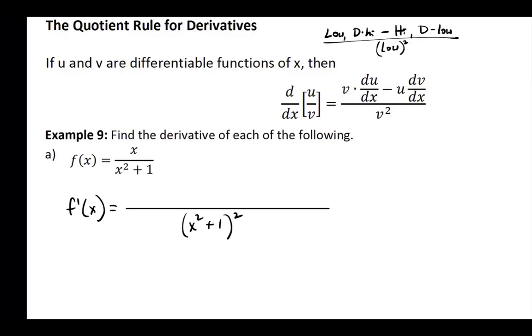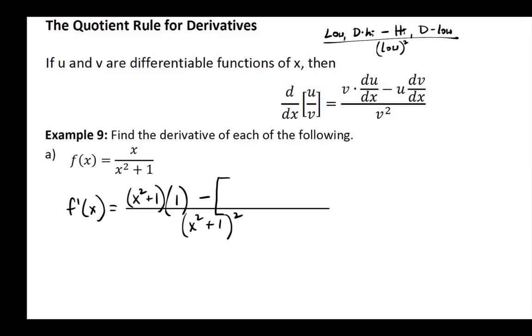Now let's do the top. We're going to do low. Low was x squared plus 1. So x squared plus 1 times the derivative of the high, d high. Well, the derivative of x is just positive 1, minus. When I do minus, I always do brackets here because it's minus this whole entire thing.